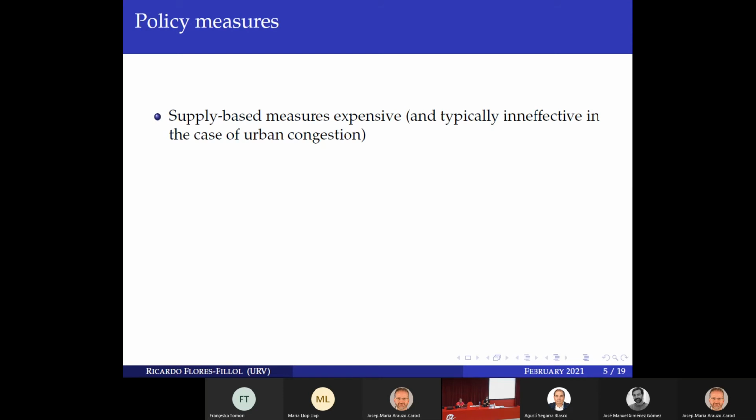This is something that may work in developing countries, but in developed countries, this is a huge mistake. There is a very famous paper in the American Economic Review by Duranton and Turner, in which they show that increasing the supply is really ineffective, because as you increase the supply, the demand increases more or less proportionally.